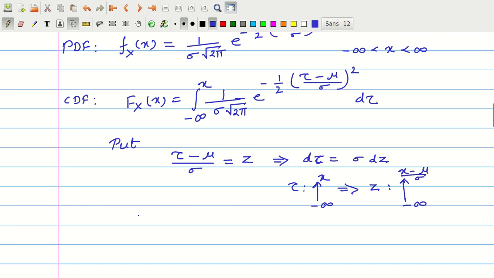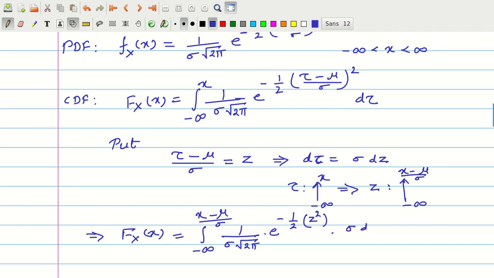Now with this, the CDF F_X(x) equals the integration from minus infinity to x minus mu by sigma of 1 over sigma root 2 pi into e to the power minus half. Now tau minus mu by sigma is z, so z squared, into d tau, which is sigma dz.